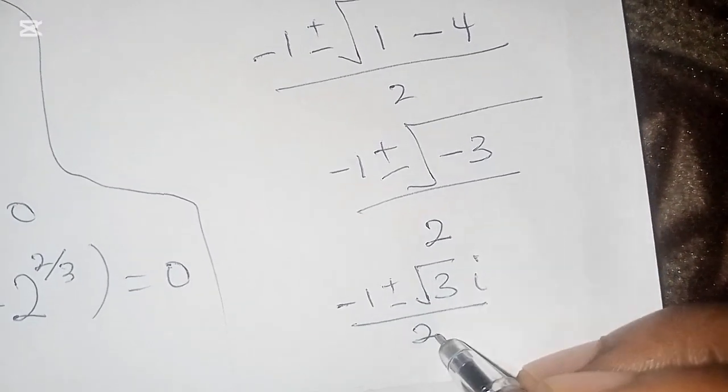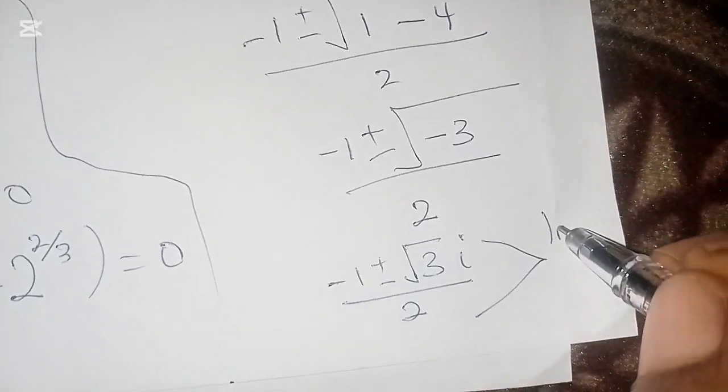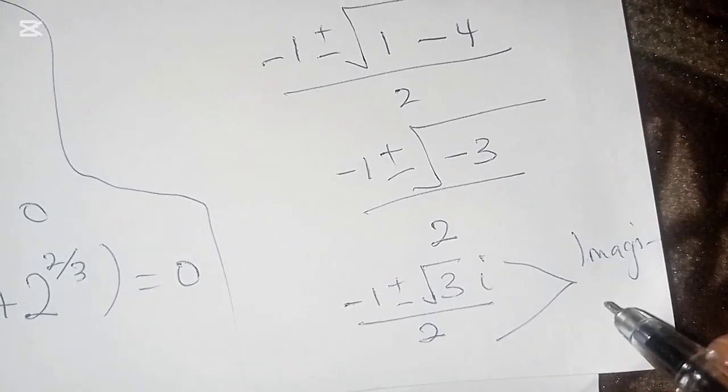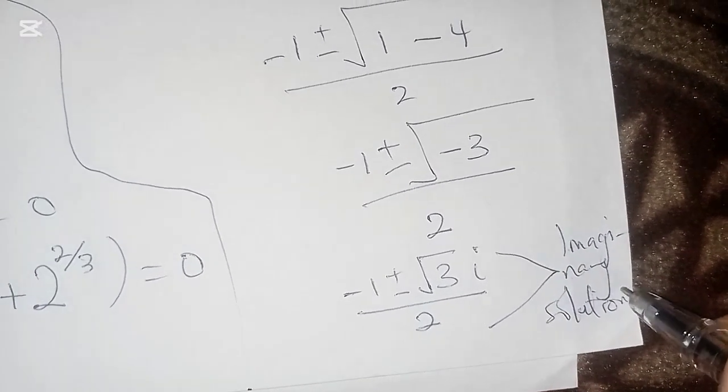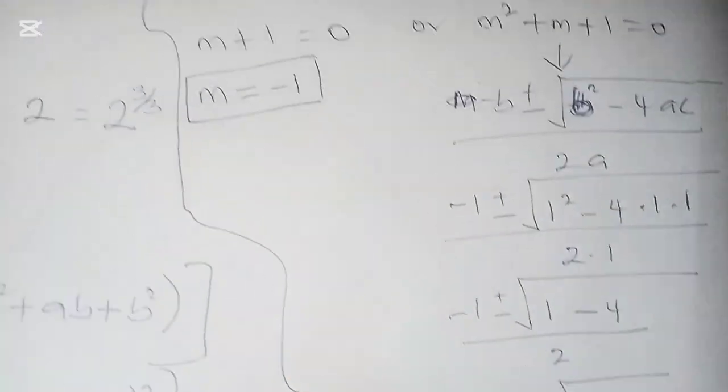Just solving it to prove to you that you're going to have imaginary solutions. So we're just gonna stop here because we weren't asked to look for imaginary solutions. So let's go to the one that is real, which is m equals -1.